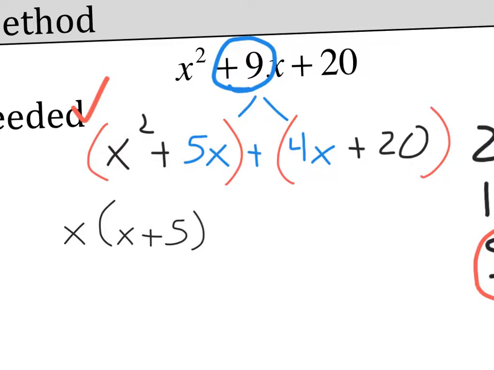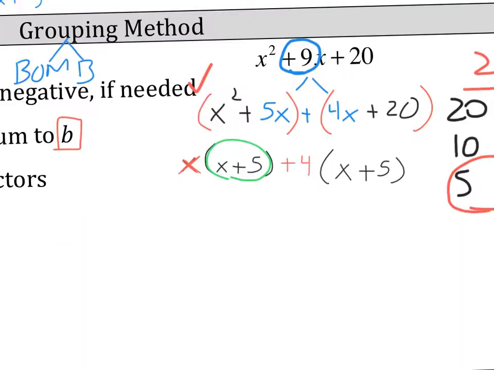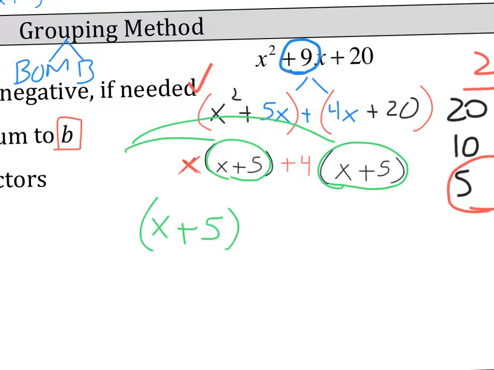I can pull out a 4. If I take that x plus 5 and this x plus 5, both of those can be factored out. And what's remaining? The x plus 4 is inside the parentheses.